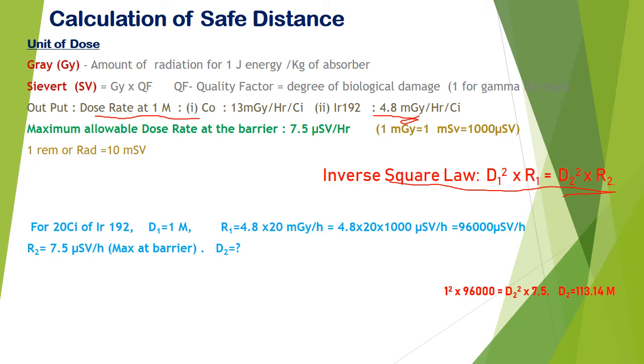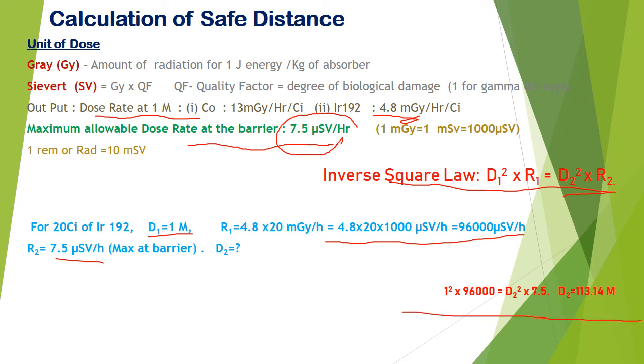So we have to put the barricade where this 7.5 microsievert radiation is there. So R2 is 7.5, D1 is 1 meter, and the dose rate at 1 meter is 4.8. If you put this for 20 curie, it will be 113.14 meters.